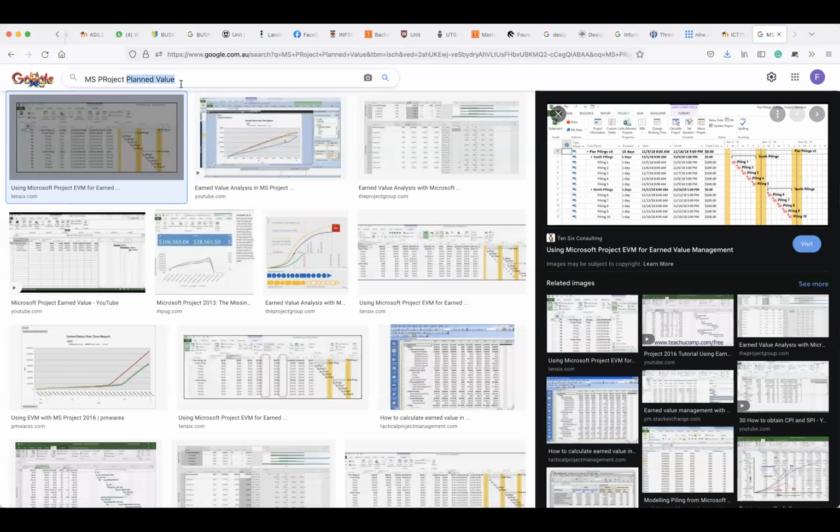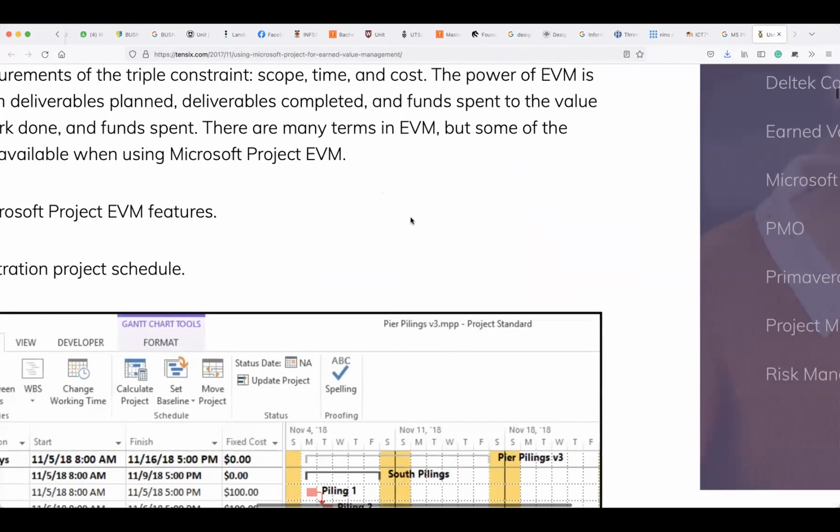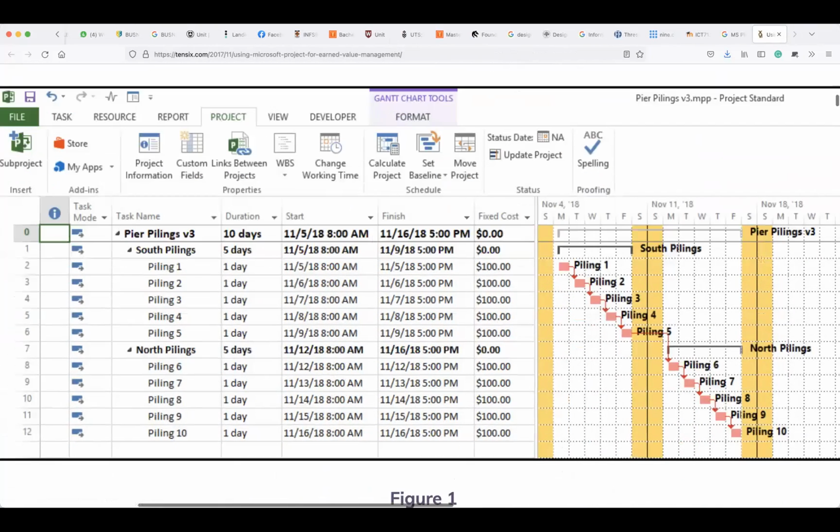All right, I'm going to just show you a couple of them. If you see in this particular example, you can see that something here is going to cost me $100 because I have assigned $100 for that particular activity.